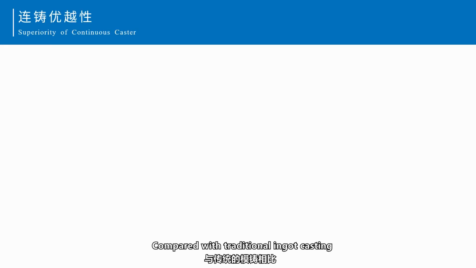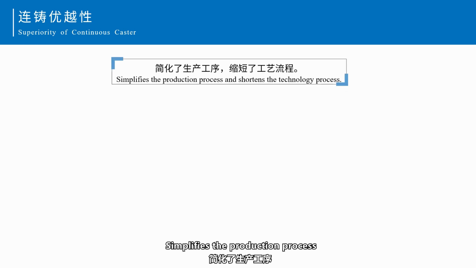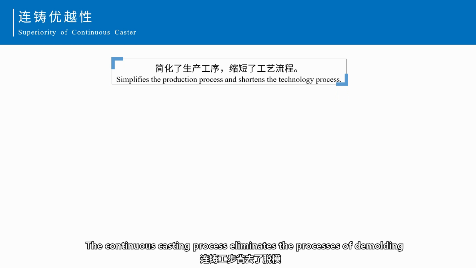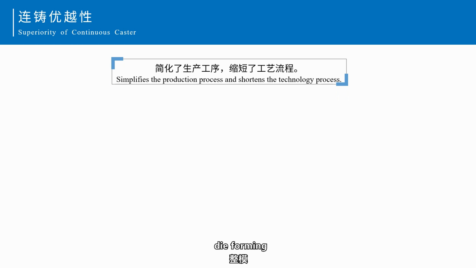Compared with traditional ingot casting, continuous casting has the following advantages. First, it simplifies the production process and shortens the technology process. The continuous casting process eliminates the processes of demolding, die-forming, ingot heating, and blooming. The appearance of thin slab caster further simplifies the technology process.